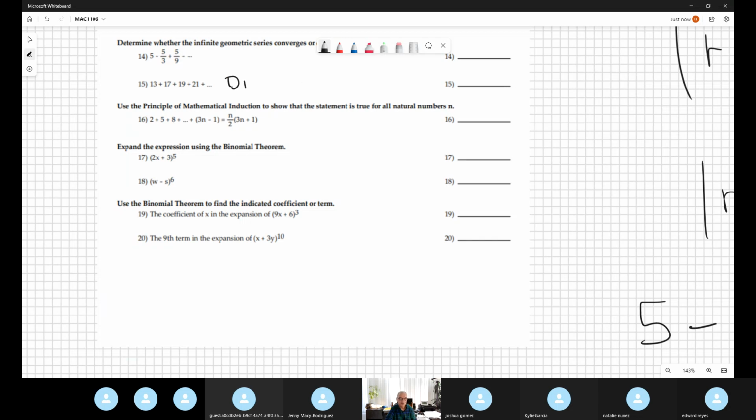And this is divergent. The reason it's divergent is because it's not geometric. So we need two conditions: to be geometric, and the common ratio absolute value less than 1. Two conditions together imply convergence. Otherwise, it's divergent.